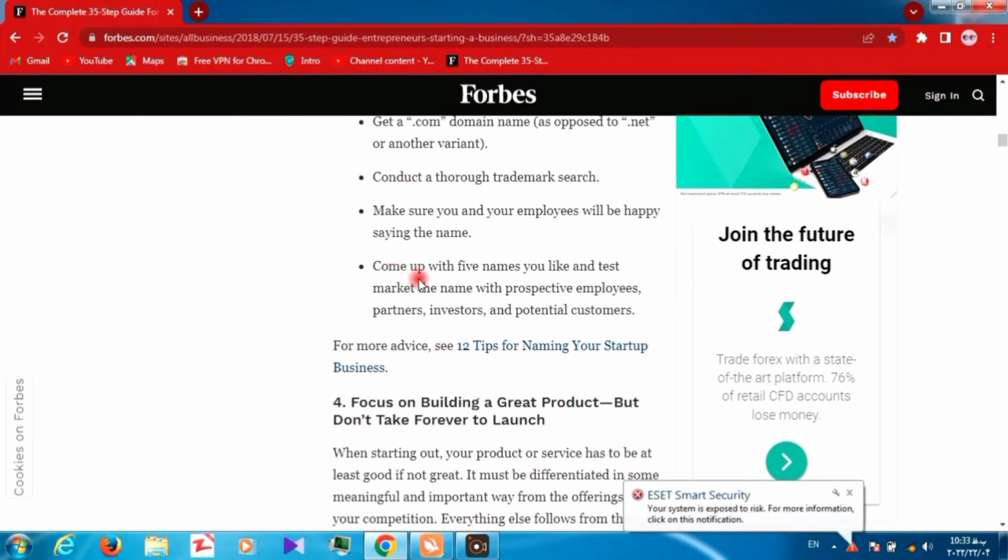And the last tip is come up with 5 names you like and test market the name with prospective employees, partners, investors, and potential customers. So try to come up with 5 names, and when you have those 5 names, share them with your prospective employees, experienced employees, partners, the people who invest in your business, and potential customers.